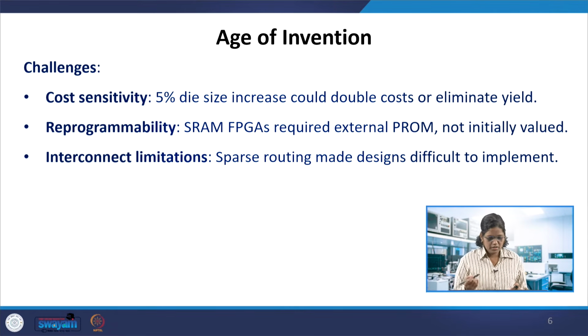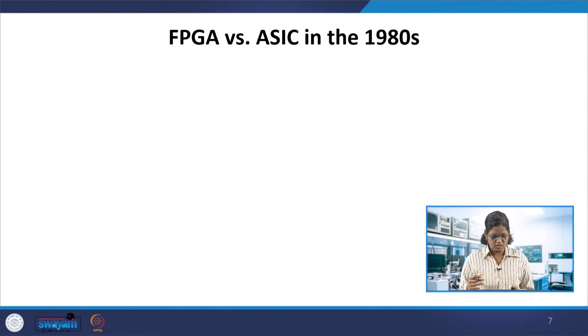Then the interconnect limitations: we have the shortest routes, and the sparse routing made designs difficult to implement. Shortest routes were preferred, and if there is no shortest route available, there will be routing sparsity. So it was difficult to implement the whole design in this. These were the challenges of the invention age.